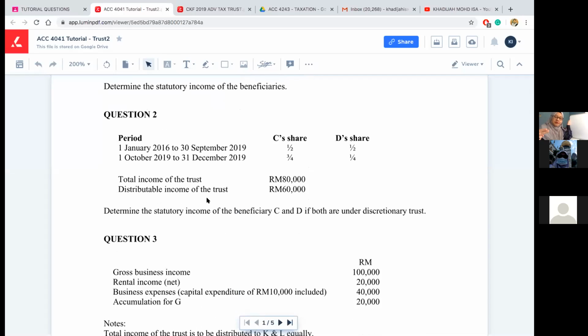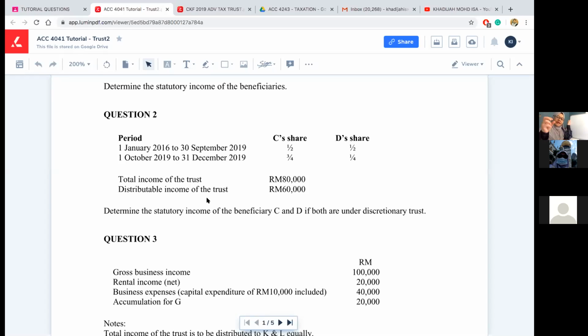For the first period, for the 9 months, the trust total income will be divided half-half, for example, and distributable income also half-half. But the second period, both total income and distributable income are based on the 3/4 and 1/4.